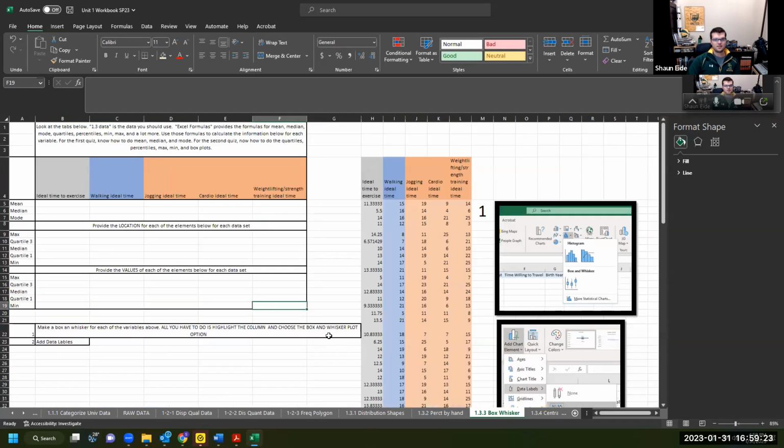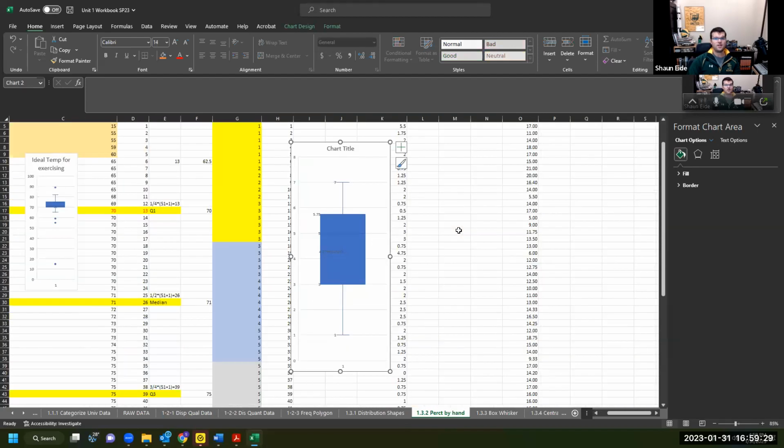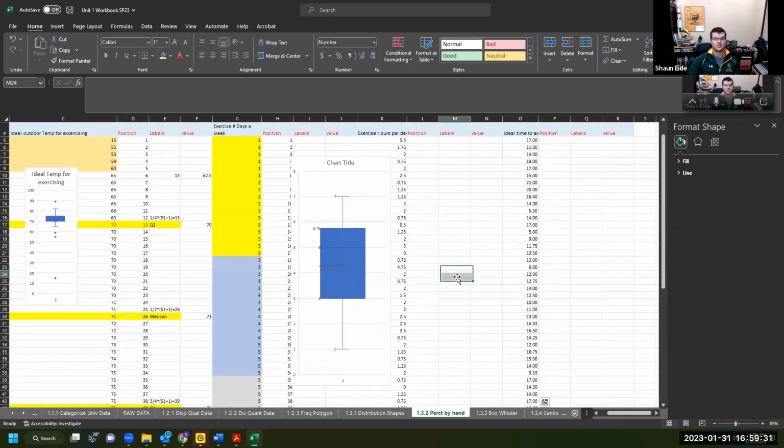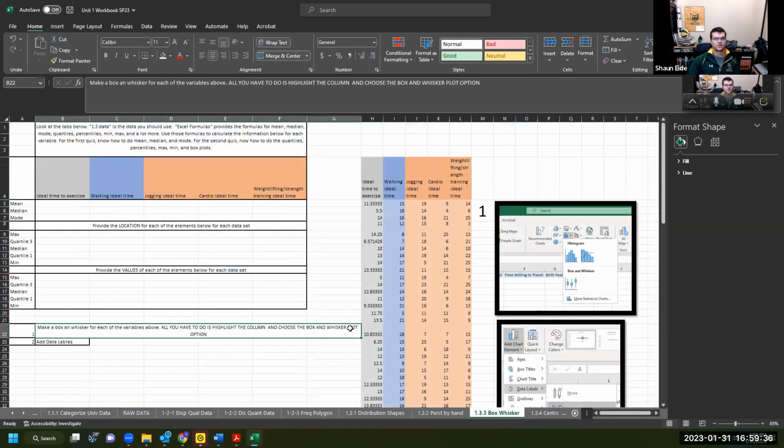So the very last thing that you've got to do, make a box and whisker, and, oh sorry, make sure that you finish this as well, ideal time to exercise, so do that one as well. And then the box and whisker, what you're doing is just making 5 box and whiskers.